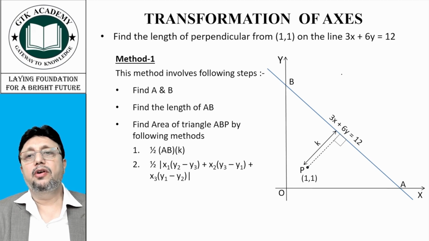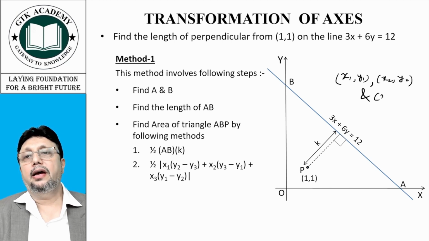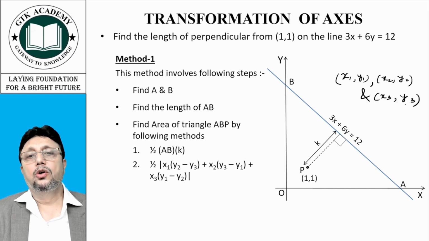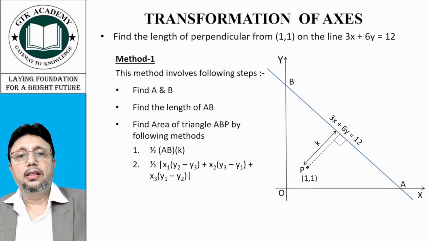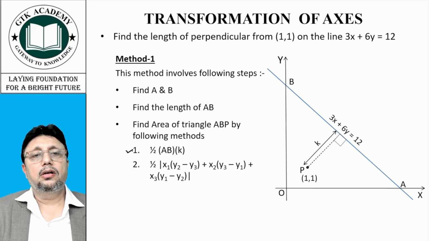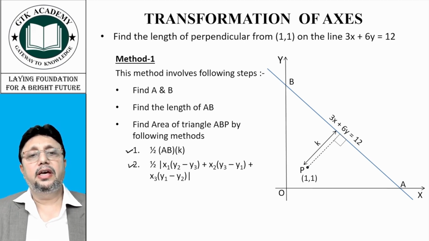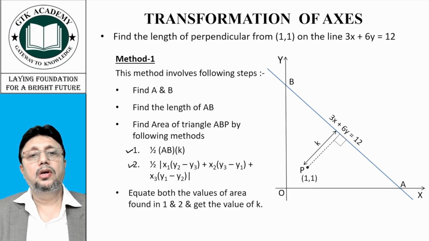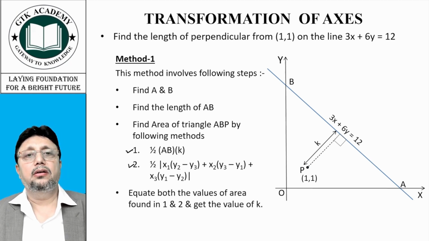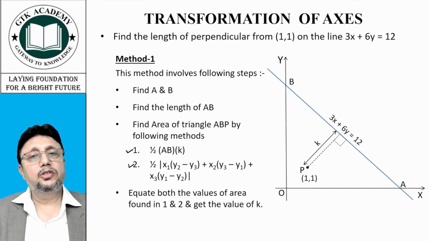If you have three vertices (x1, y1), (x2, y2) and (x3, y3), then the area is half mod of x1(y2 minus y3) plus x2(y3 minus y1) plus x3(y1 minus y2). Then, since both represent the area of the same triangle, you equate them and get the value of k. This is one method, so we'll solve this problem by this method. Let's see.